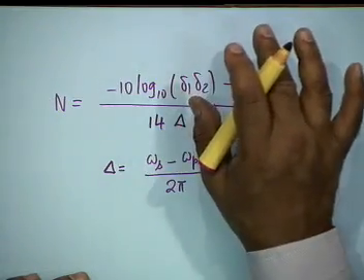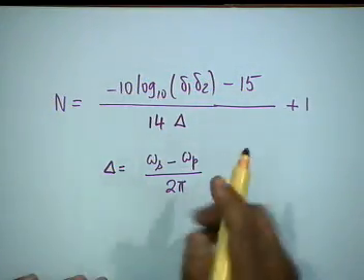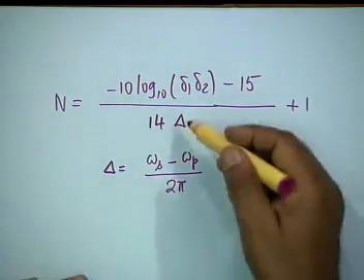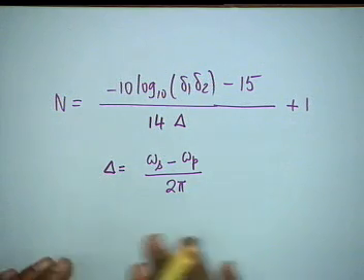We will not go into this because there is confusion between IIR, transformation, analog frequency and so on. We will stick to omega s minus omega p divided by 2 pi. You can substitute this here and perhaps cancel 2 between 14 and 2. That is not important. But this is a gross estimate. Once you get this estimate, you can go ahead designing, but you must find the actual response and see whether it satisfies the specification or not. We will continue this next time.